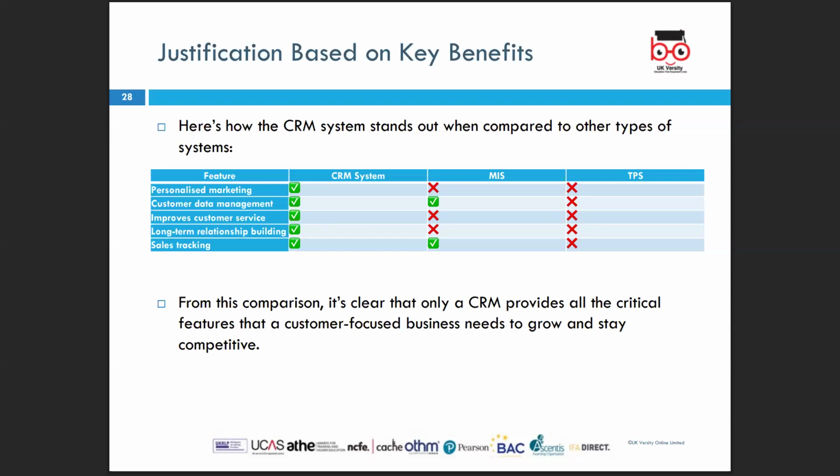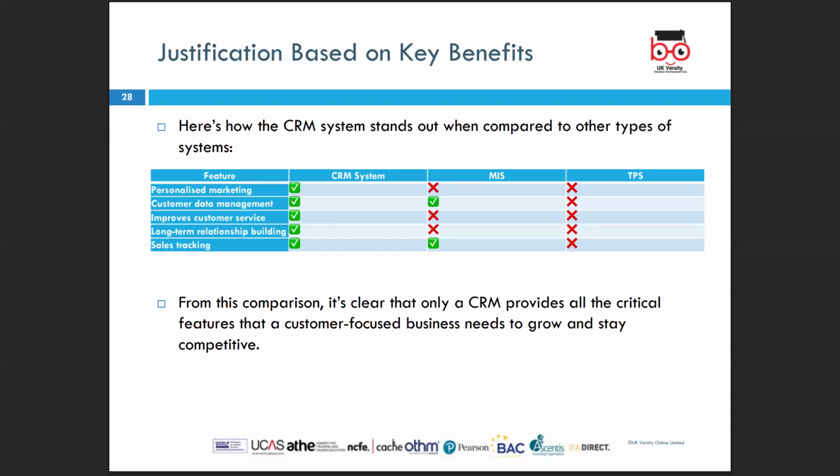Here we have a table which shows where our CRM system stands out compared to other types of systems. As you can see, a CRM system pretty much offers all the benefits of personalized marketing, customer data management, improved customer service, long-term relationship building, and sales tracking.